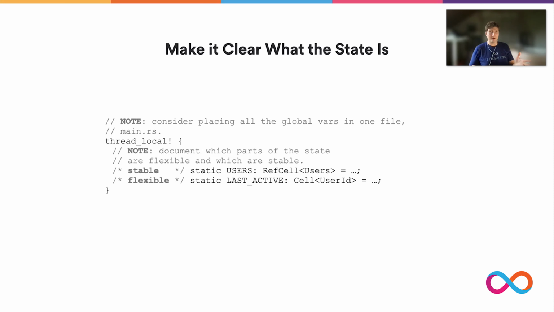And if it's all in one file, you just look, okay, what do I need to transfer? What is actually transferred? And then you can have much more confidence in the correctness of your program.